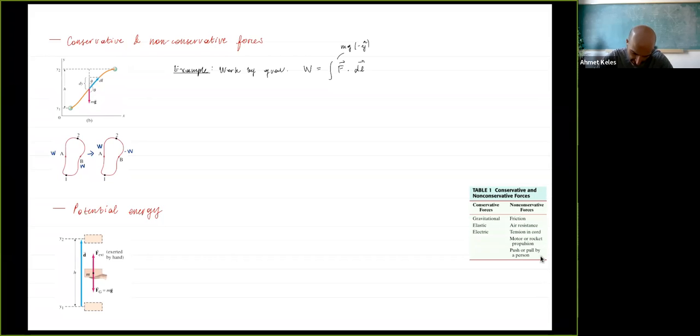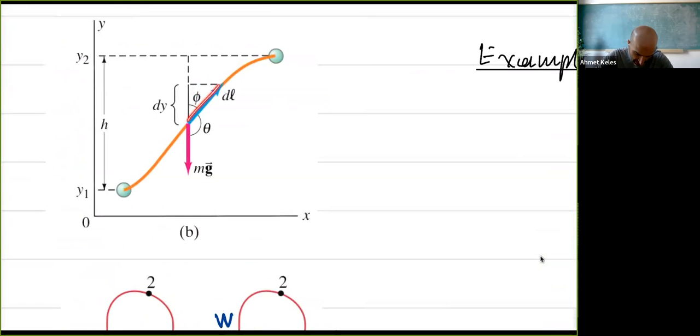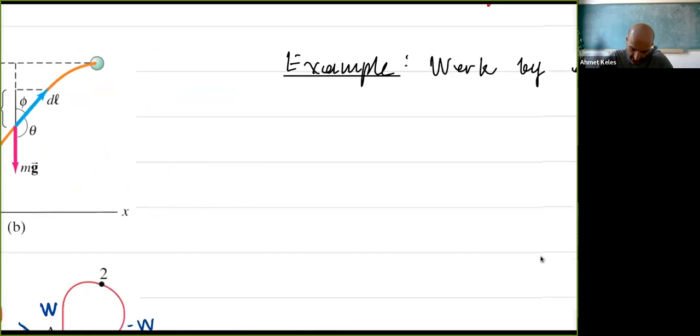But the key is if you take the dot product, it is written always in terms of this theta between the vertical and the path. When you take the dot product, you project the dl onto this little segment. Maybe I can zoom in just a little bit. So dl is some path, and with the dot product, you're projecting along this segment, which is exactly the definition of dy.